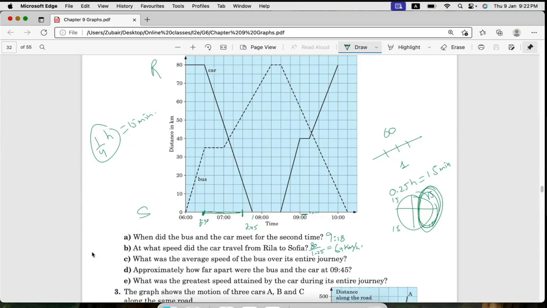So 7, 8, 9... What do we write in the denominator? 4.25. Correct. 4.25, and I'm getting 37.6 kilometers per hour.